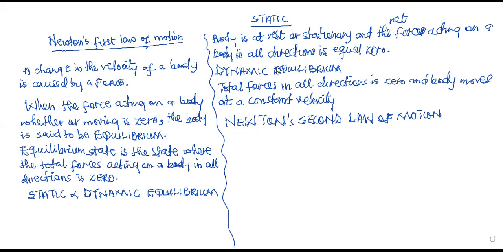Okay. So, the second law seeks to quantify the acceleration which is caused by an external force. Okay, so Newton's second law of motion can be stated in two different ways.